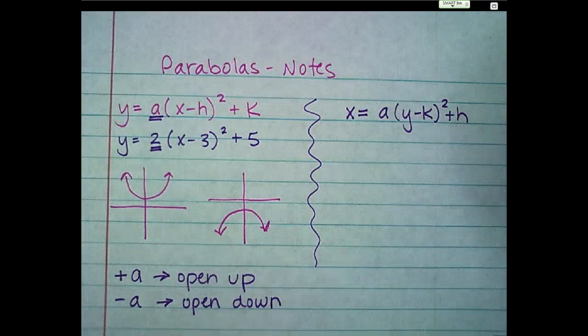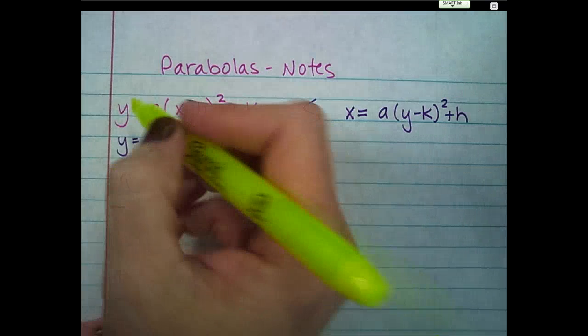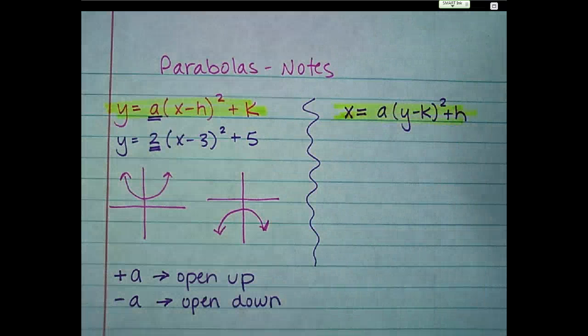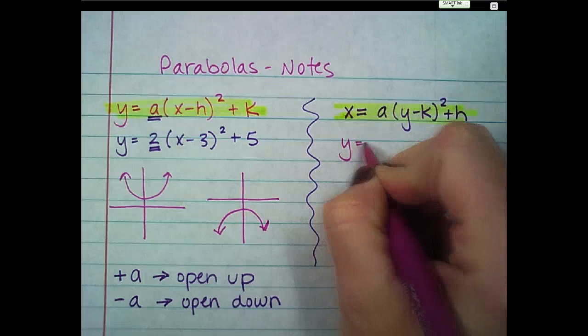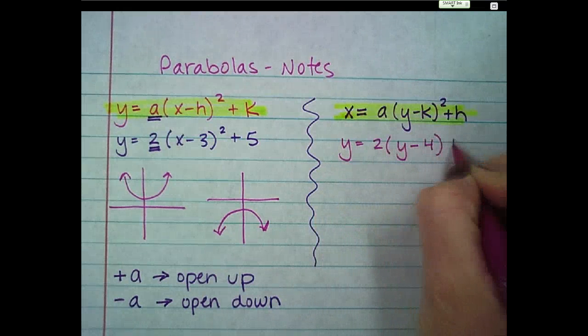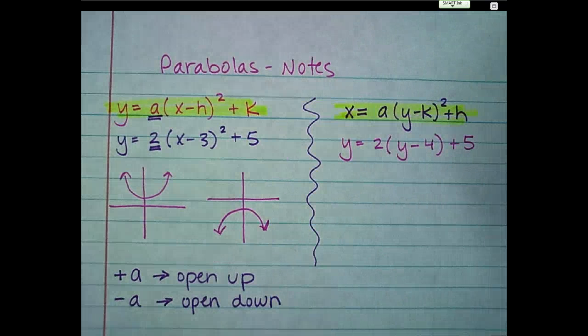That's standard form. Now in this problem, if you'd rather see the numbers, it would look like x equals 2 times maybe y minus 4 squared plus 5. Oh, thank you. That should say x.